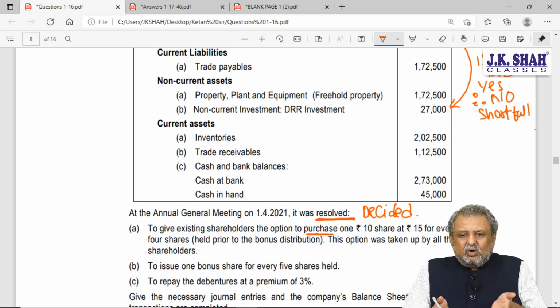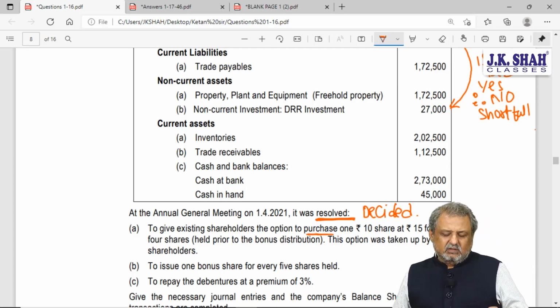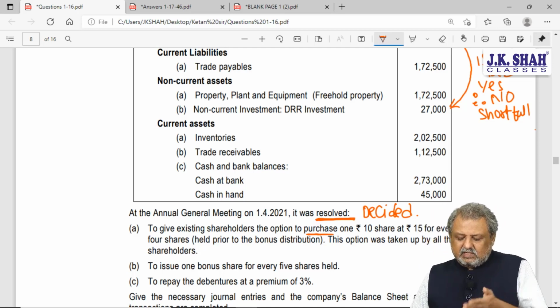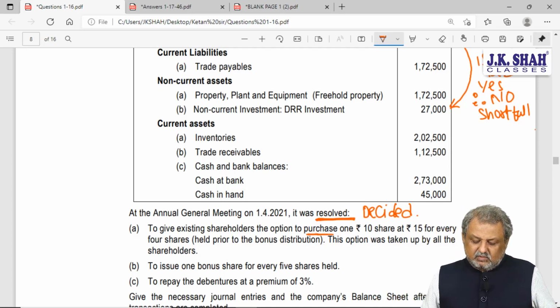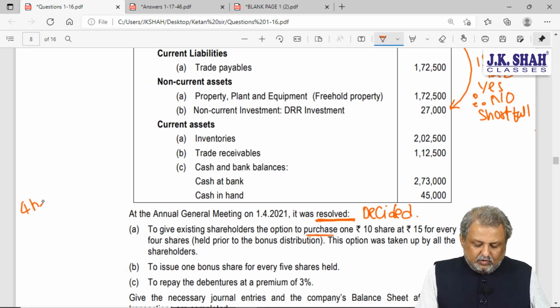Now they are not talking about bonus. Why the hell should they say that? But what can we do? There is no bonus up till now. The ratio given is, if there are 4 shares, then they have an option to purchase 1 share. So 4 held, 1 right.